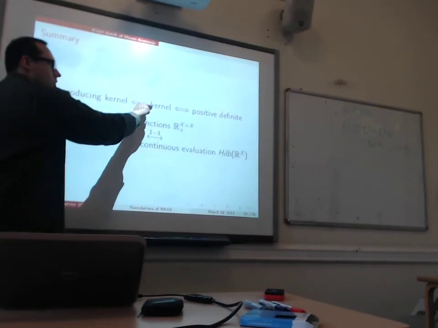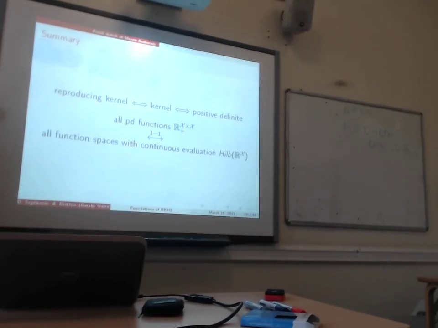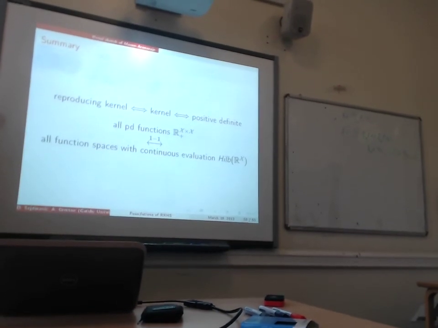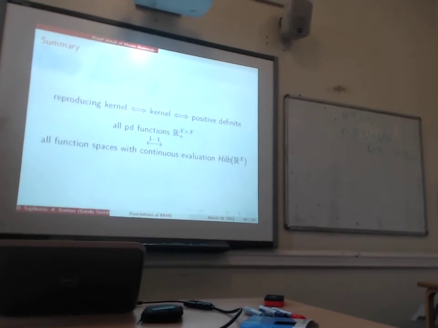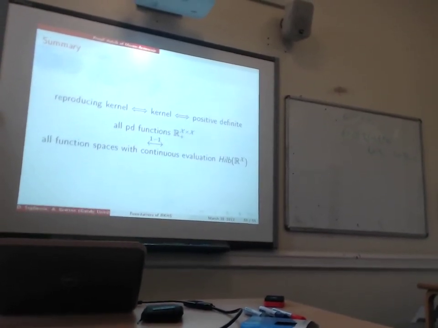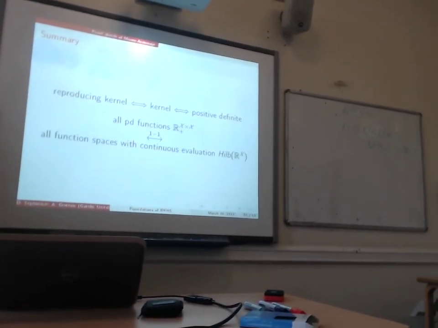These two directions are trivial, but that one is highly non-trivial. What that tells us is that as long as you have a positive definite function, there is a corresponding RKHS, so you can do any learning algorithm with that positive definite function. So it gives justification for kernel methods. And that's it. Thank you.